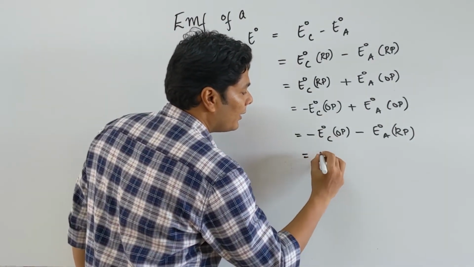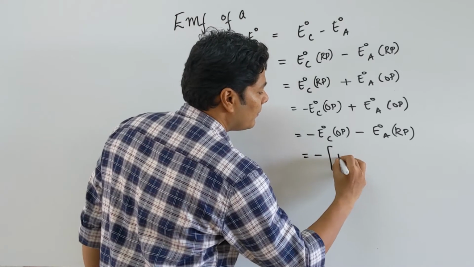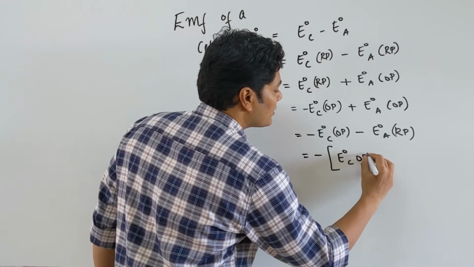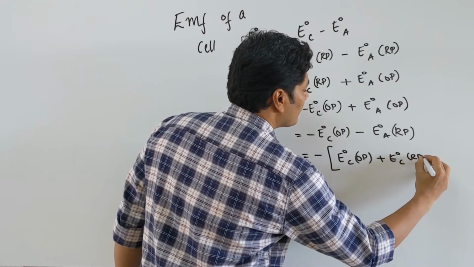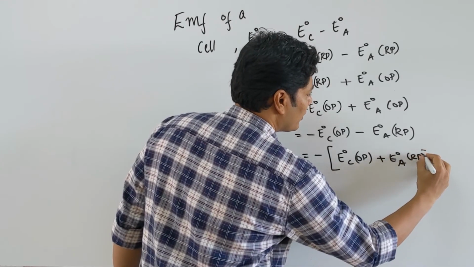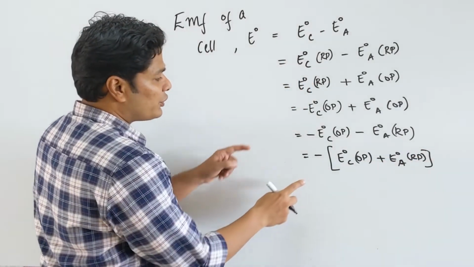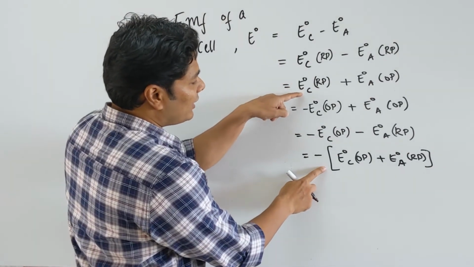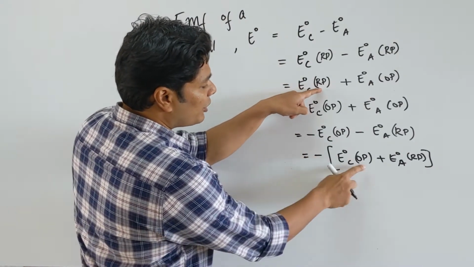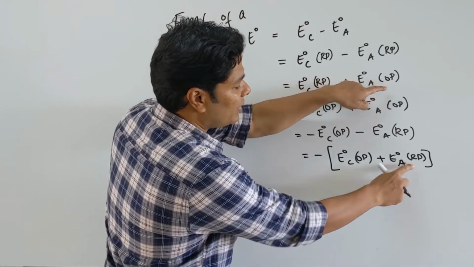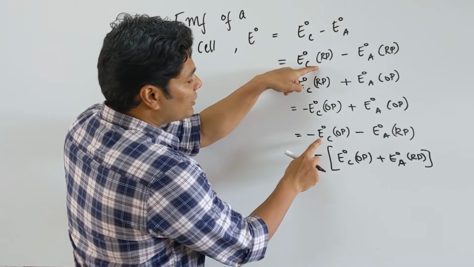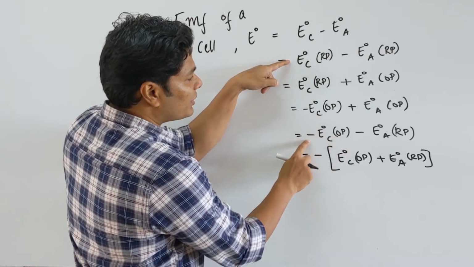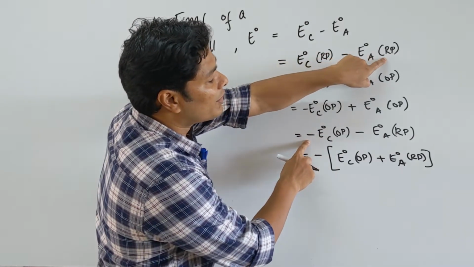Now, you can take a negative sign outside: E0 cathode oxidation potential plus E0 anode reduction potential. Now, if you see, these two are exactly opposite. Negative sign is here, reduction potential, oxidation potential, reduction potential. These two are exactly opposite.